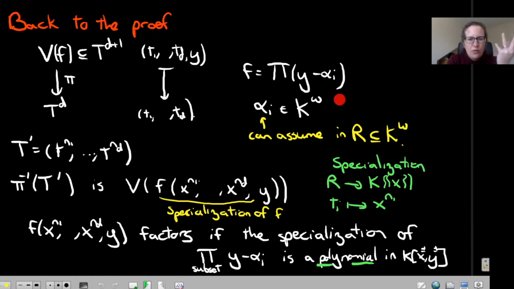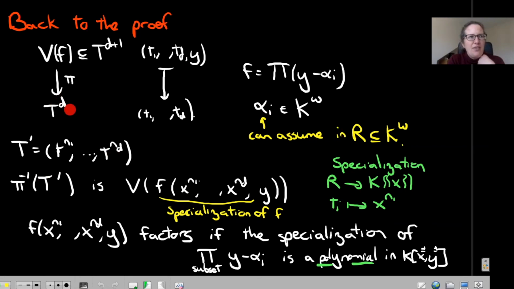Our new field again contains the algebraic closure of t1 up to td. And if you scale appropriately, you can stretch things out and assume that the alpha i are in the subring R. And that's like clearing denominators.